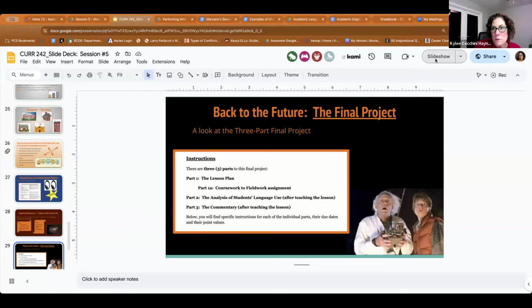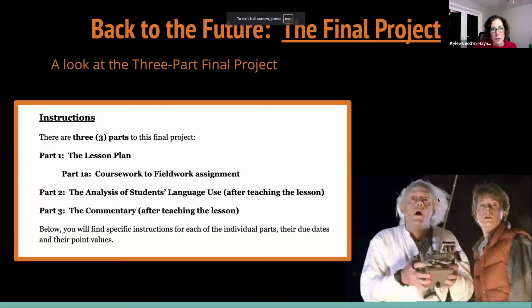All right. So we're recording again, and I want to now talk about the final project, and hopefully make this clear so that it just makes sense. All right, so let me share my screen. Okay. And let me do this slideshow. So the final project. There are three and a quarter parts to it.